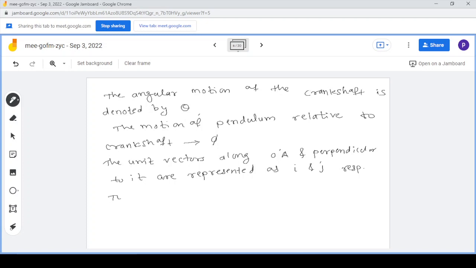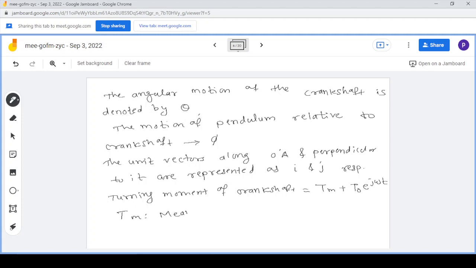Now the turning moment of the crankshaft is Tm plus T0 e raised to j omega t. Whereas what is Tm?